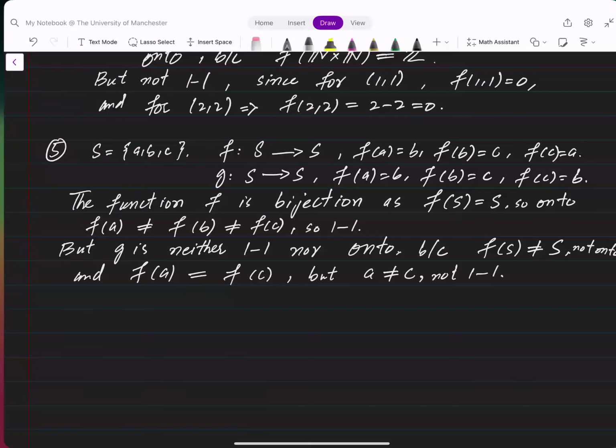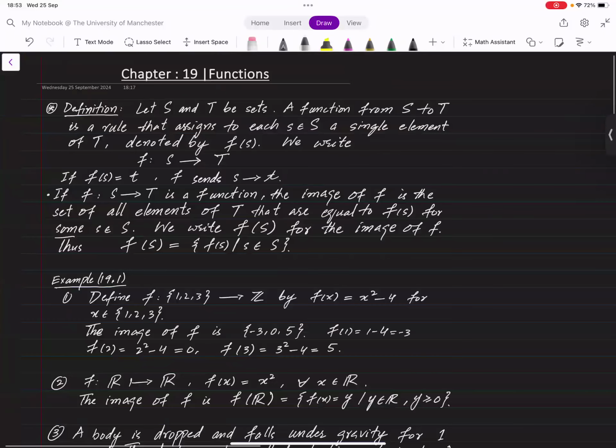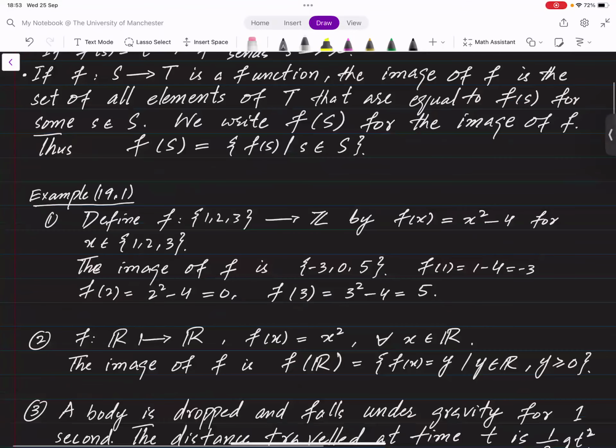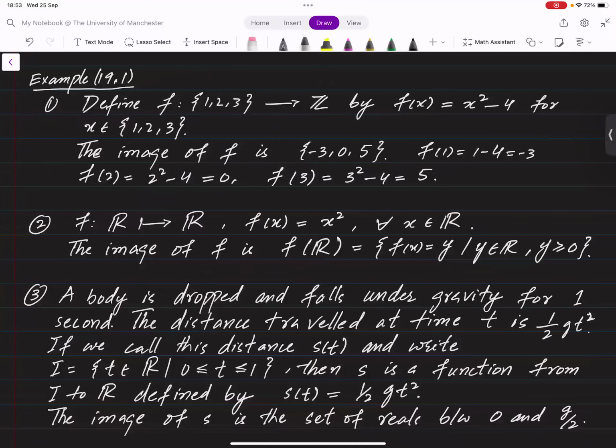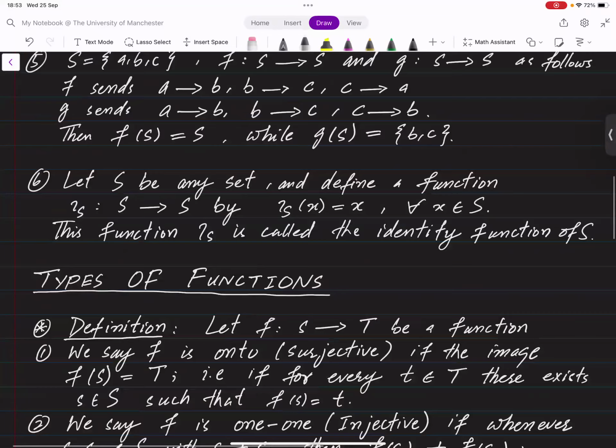So previously we have discussed the chapter 19 functions, and we have given a definition of a function in the previous part of this lecture in this chapter, and then we have given 6 examples of functions. Then we have discussed types of functions.